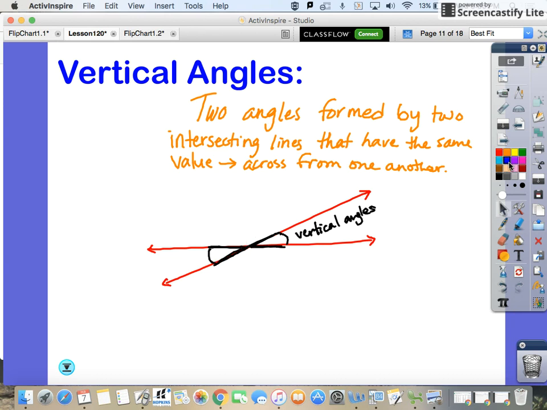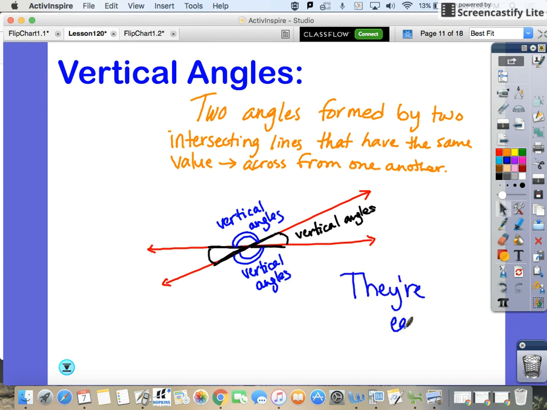Then on the other side, these are also vertical angles. So those two will also be equal. The key thing is they're equal. That's the cool thing there.